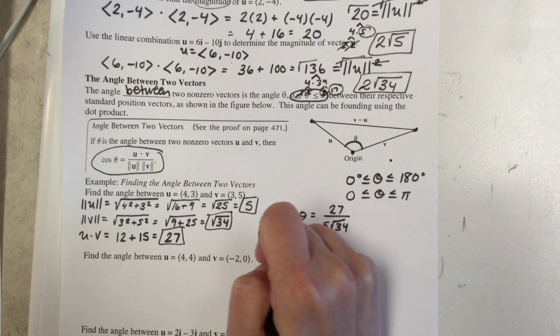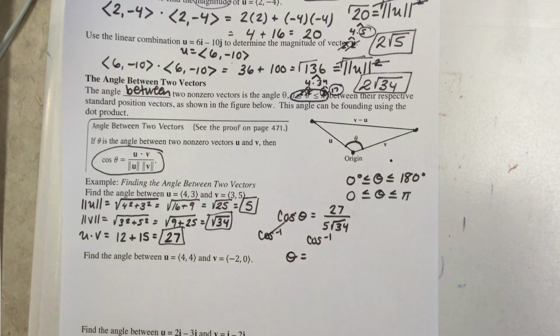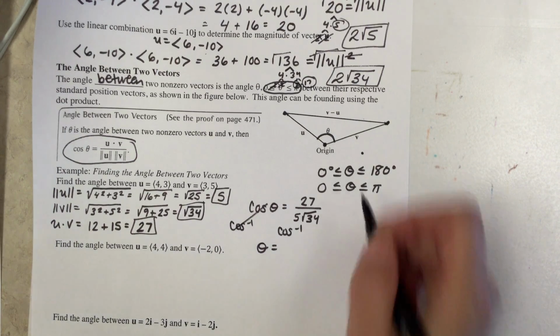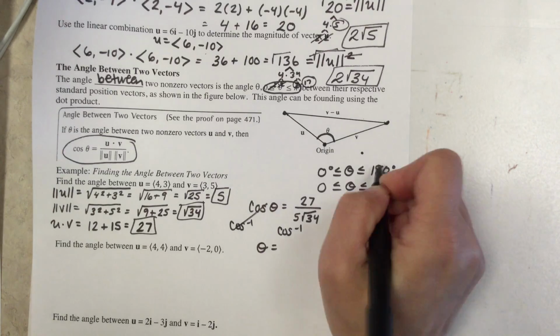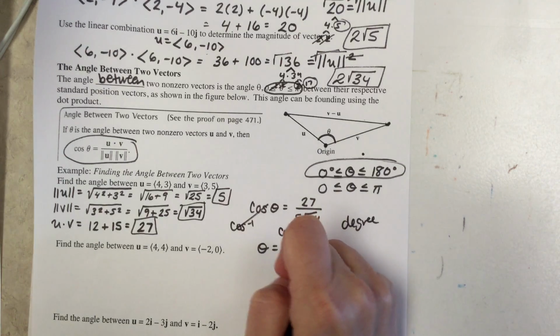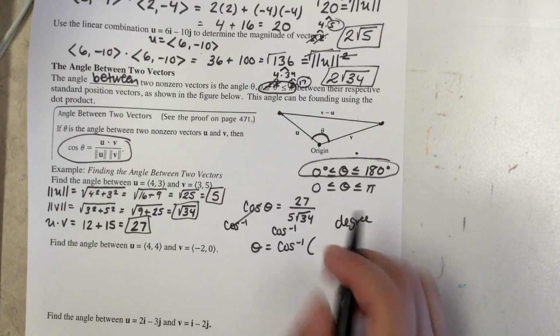So I'm going to go ahead and take the inverse cosine of each side because that's what theta is. Now here you're going to have to be really careful entering this in your calculator. I'm going to use degree mode because that way I know my angle has to be between 0 and 180. So it's the inverse cosine, open a parenthesis. Now this is where you got to be careful.